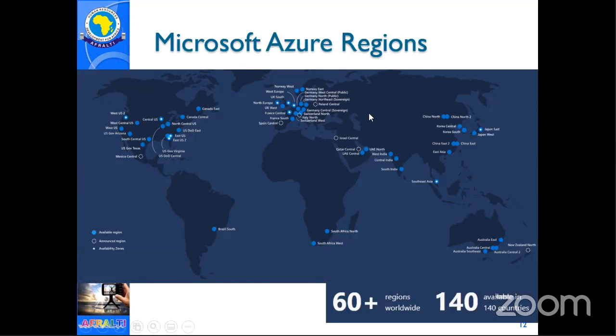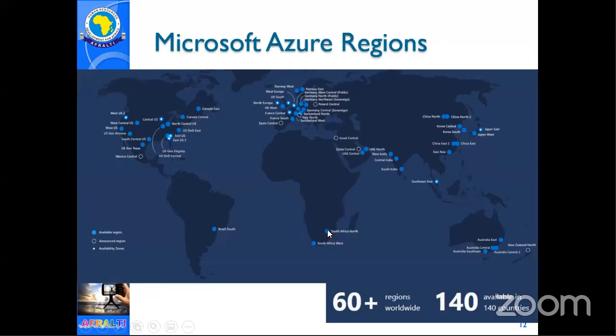Yeah. And these are known as regions. So for example, in Africa, there's South Africa North, which is in Johannesburg. And then there's South Africa West, which is in Cape Town. So South Africa North and South Africa West are termed as 2 separate regions. Yeah.